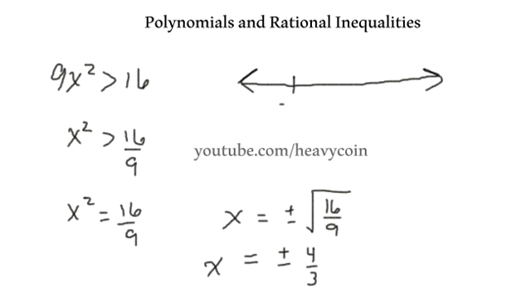I'll put the minus 4/3 here and the positive 4/3 over here. And let's pick a test point. We're just testing this interval here like 0. We plug it in as 0 greater than 16. No, so it's not this stuff, so it's got to be all the stuff outside. It's all of that stuff outside.